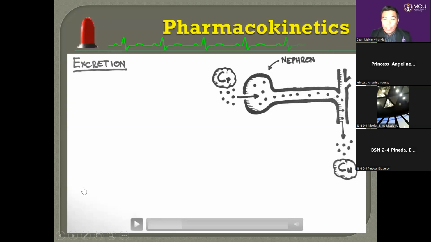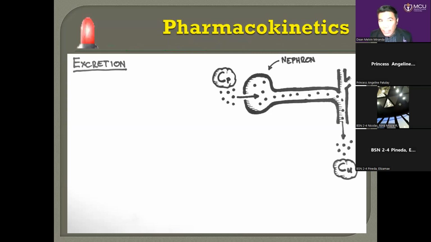When we talk about excretion, as mentioned, the liver facilitates metabolism. The excretion process could be via kidneys or via the intestinal membrane. However, the nephrons, the basic units of the kidney, have the major responsibility when it comes to excretion. Whenever drugs are metabolized, most of the time the higher percentage will be excreted via the kidneys.